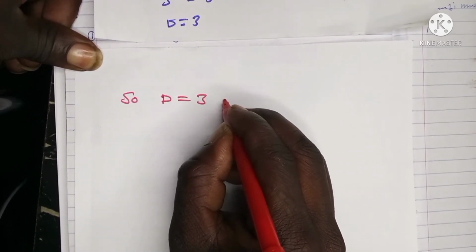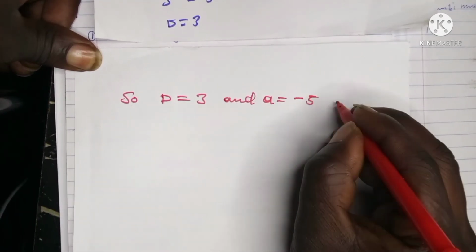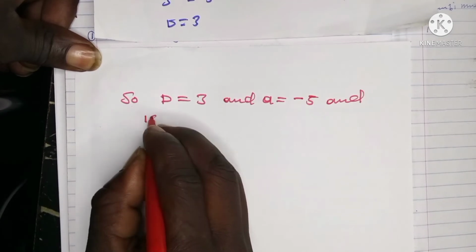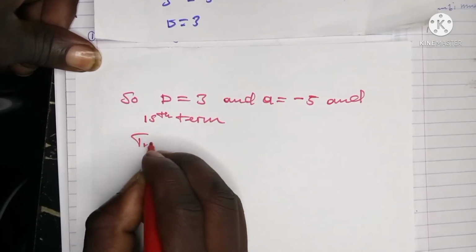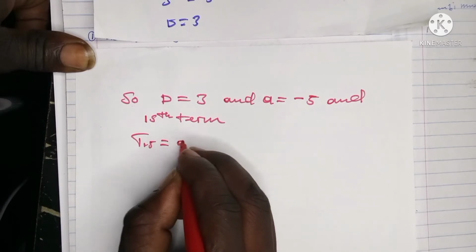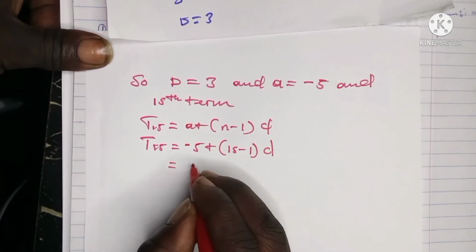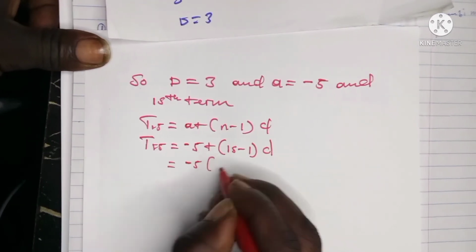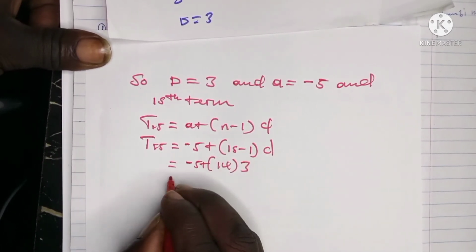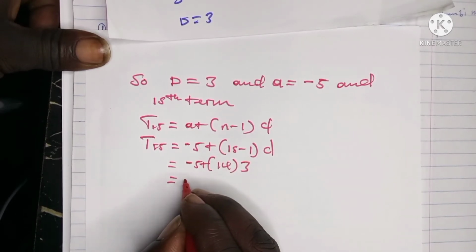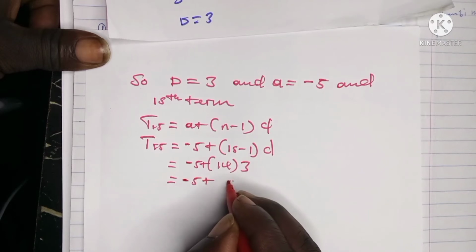So D equals 3. And A equals minus 5. And the 15th term is T15 equals A plus open bracket n minus 1 close D, which is minus 5 plus open bracket 14 times 3, then equals to 3 times 14, so negative 5 plus 42.